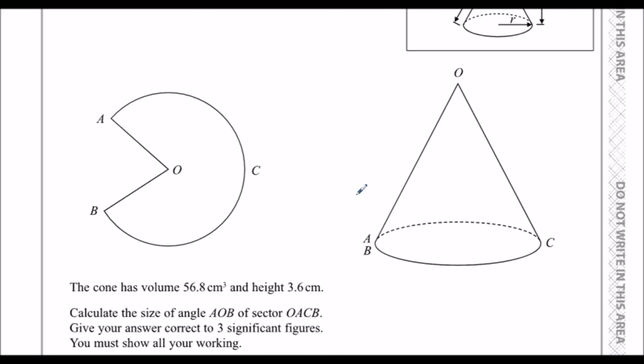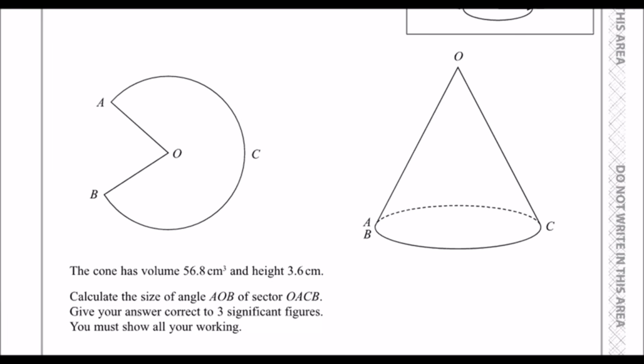The cone has a volume of 56.8 centimeters cubed and a height of 3.6, and we need to calculate the size of angle AOB of sector OACB. So we're calculating this big angle here.